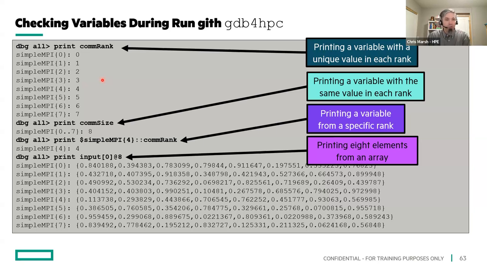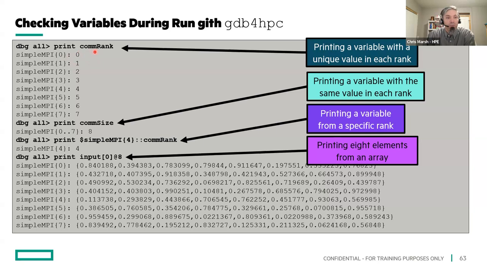They might be on the same node, they might be on different nodes, but they're all potentially going to have distinct values. So when you print out a variable, you need to recognize that you're asking about the value of as many variables as you have ranks, potentially. And they could, of course, all have different values at a given time. So that's kind of the point of parallelization, right?